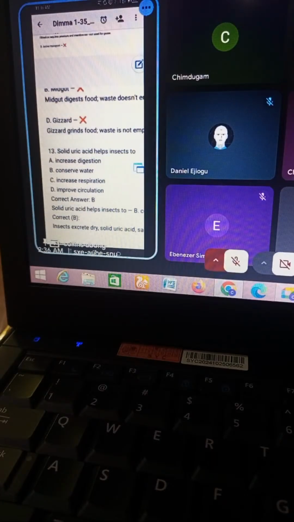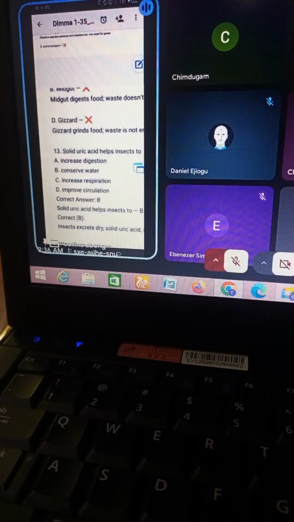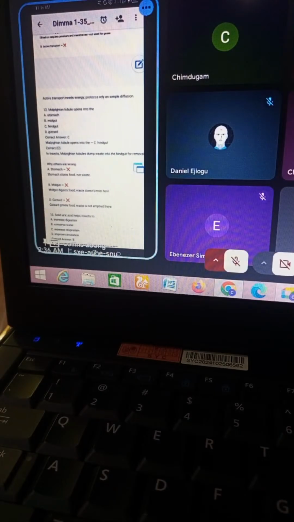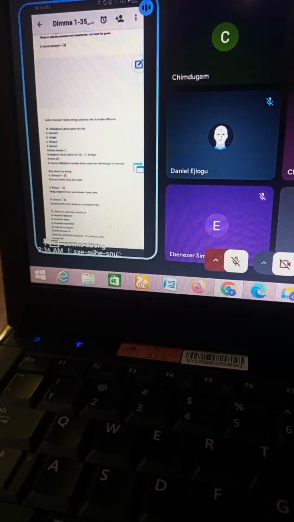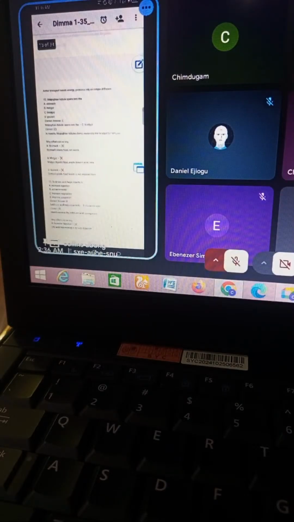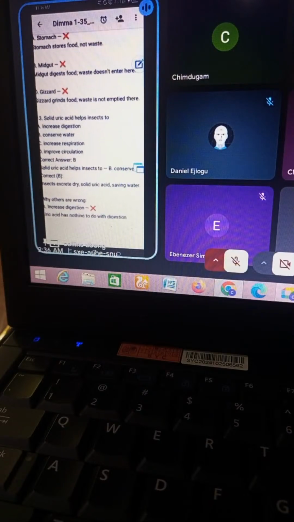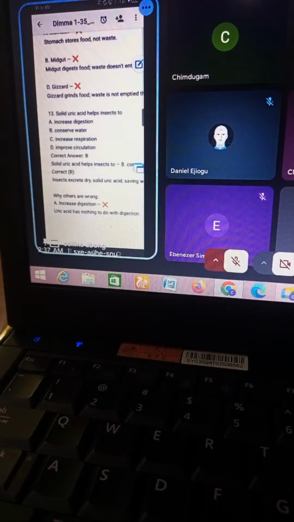Number 13. Solid uric acid helps insects to, and the answer is B. Solid uric acid helps insects to conserve water. So insects excrete dry, solid uric acid, saving water. Why the others are wrong? Increased digestion.